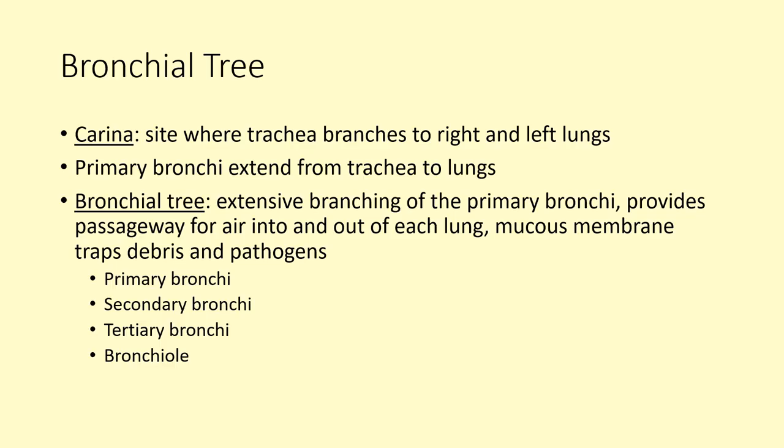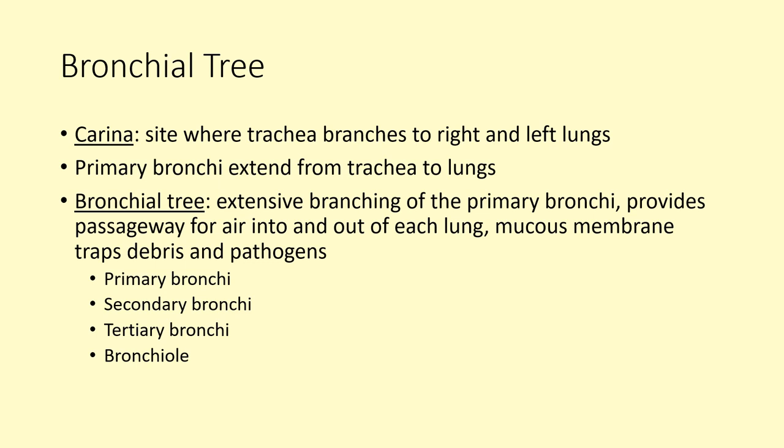The bronchial tree, as I just said, the carina is the site where that trachea branches. The primary bronchi are those first branches, if you will. They extend from the trachea to the lungs. Once in the lungs, you have extensive branching, and that's so you can get the maximum amount of air in and out of each lung.